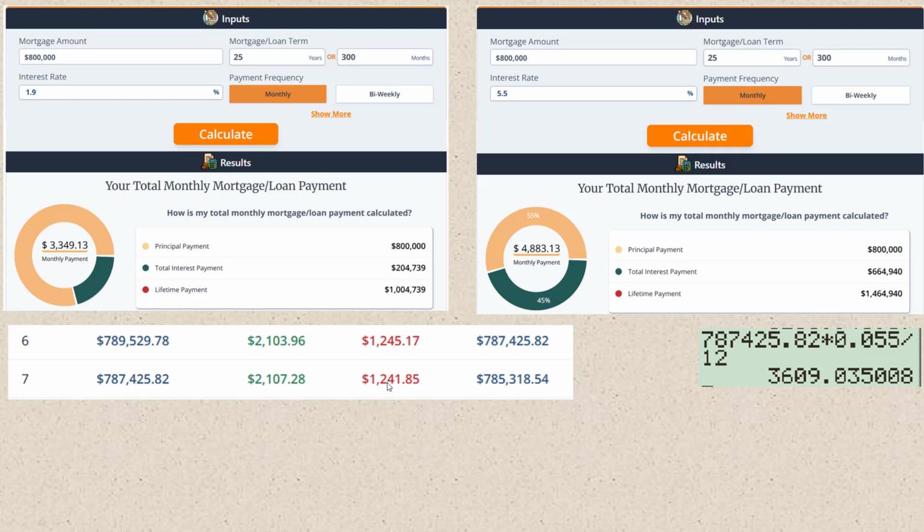Okay, so instead of owing the bank $1,241.85, you owe them $3,609, a lot more money. Now notice that the $3,609, the interest you owe, is actually higher than the monthly payment.